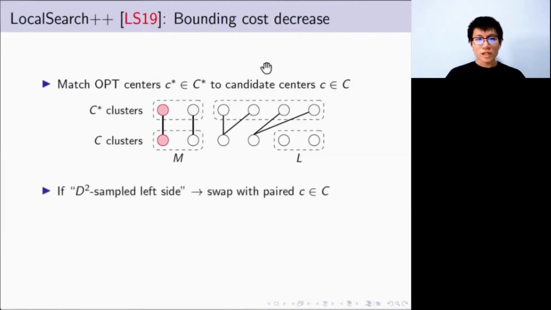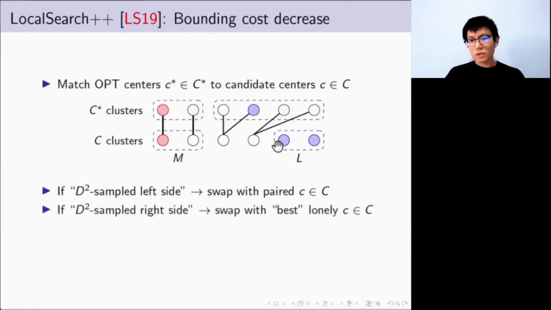If in the local search step, we sample a point that belongs to a cluster corresponding to one on the left, then we will try to swap the sampled point with this candidate center. Otherwise, if it corresponds to some cluster on the right, then we look at these lonely candidates, and we consider swapping the best one with our new sample point.